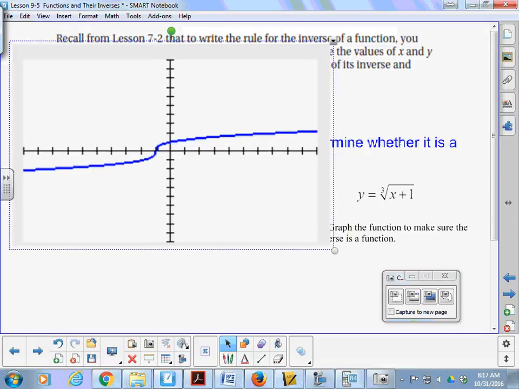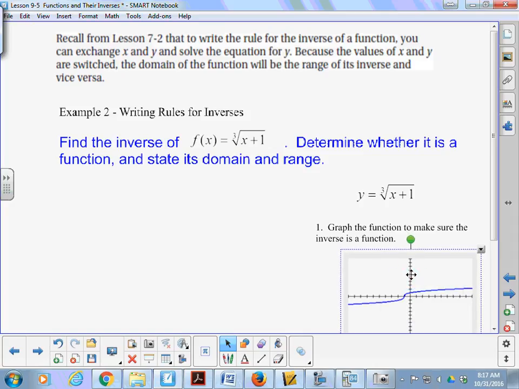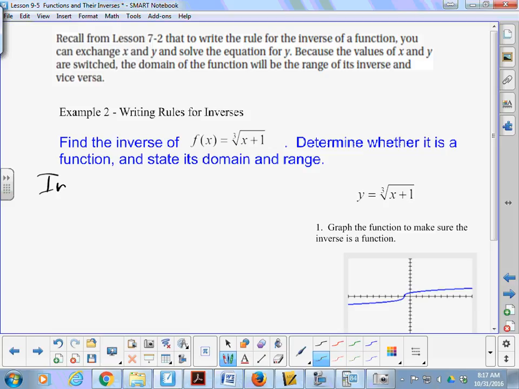All right, so we look at that. Does that pass the horizontal line test? Okay, so the inverse is a function.